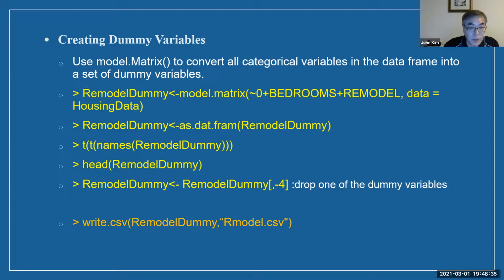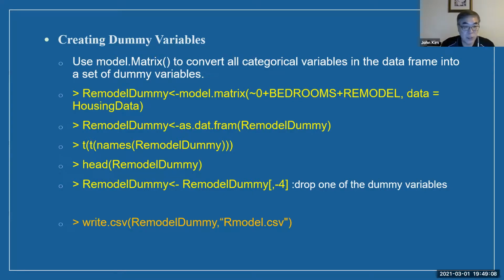If we use that function and look at the data, remodel dummy, then the first column is removed. Before there was bedroom, but now bedroom is gone.